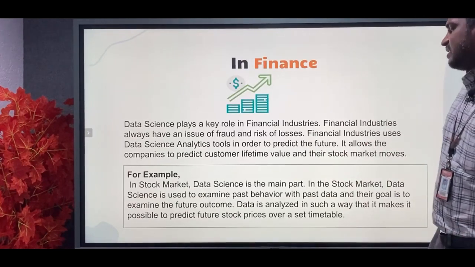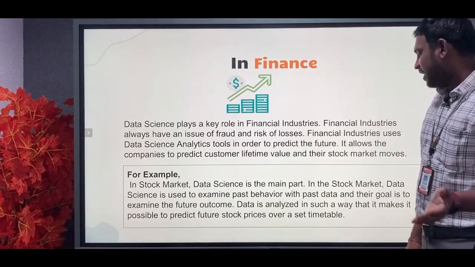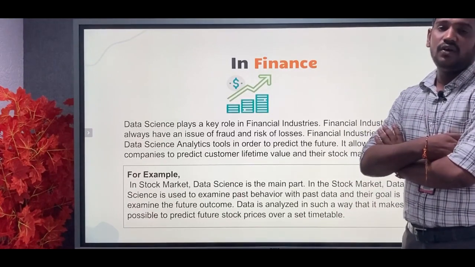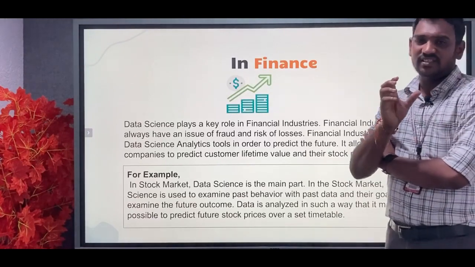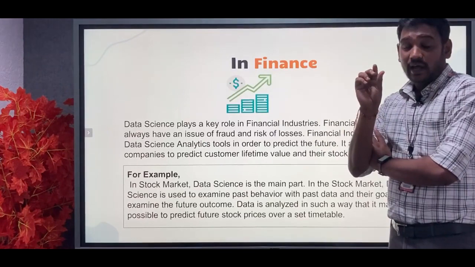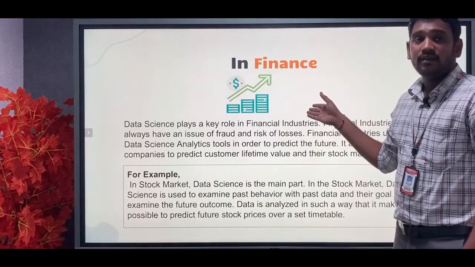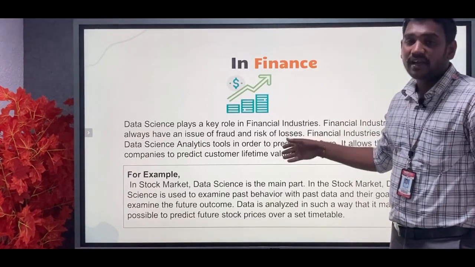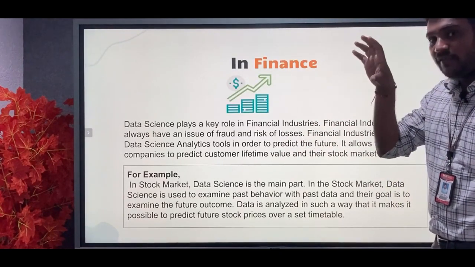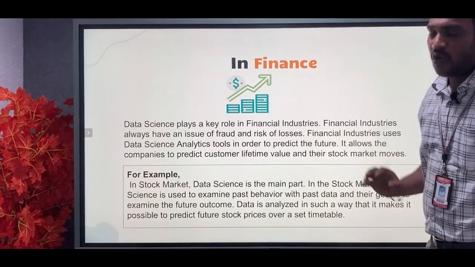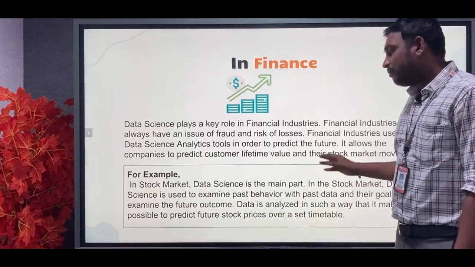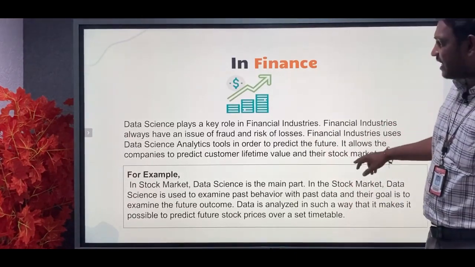In the stock market, data science is used to examine past behavior with past data, and the goal is to predict the future outcome. So you have some transactions already, as your customer from before 6 months in the stock market, then whatever they are offering in the stock market, some companies are there, that company will allow you to invest your amount in a particular company, by using this data analysis technique.